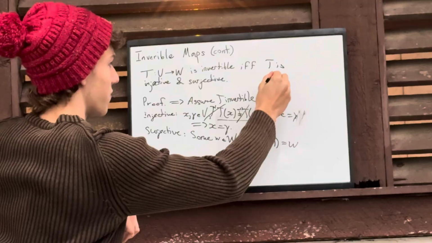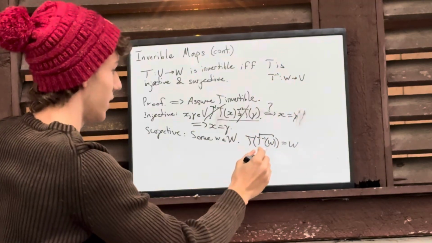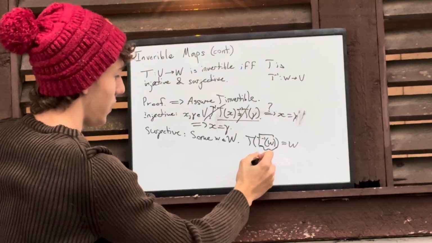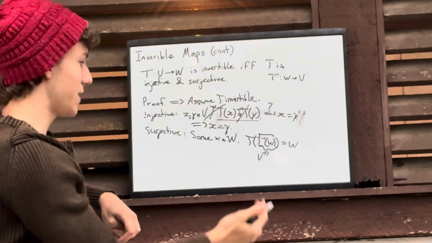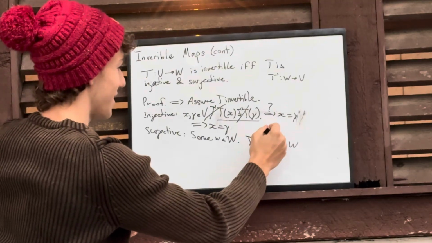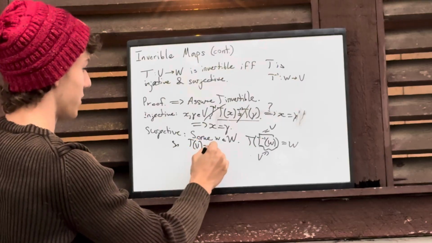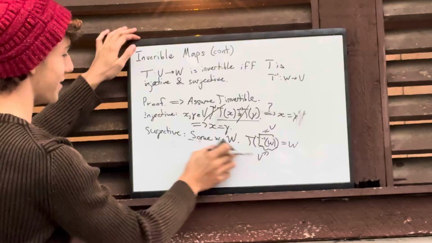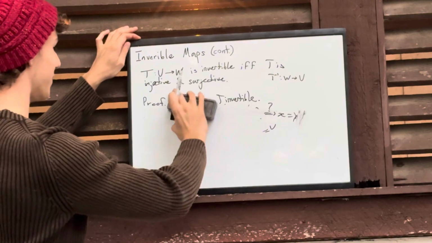T inverse goes from the codomain of T to the domain of T, so this quantity is in V, because it's mapped into V. So we just choose this, and this is our v. So we found v so that T of v equals w. Simple. So that first direction is actually really easy. I should have left it to you guys. I regret everything. Okay, moving on.